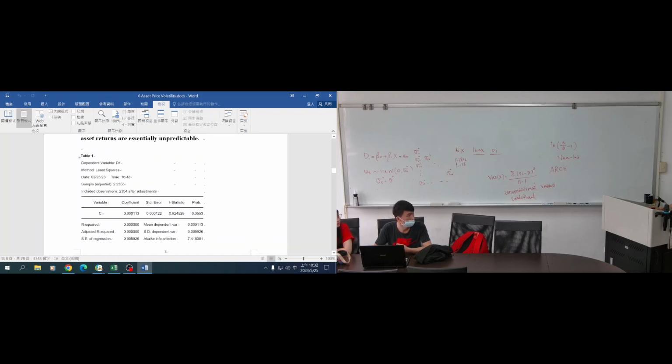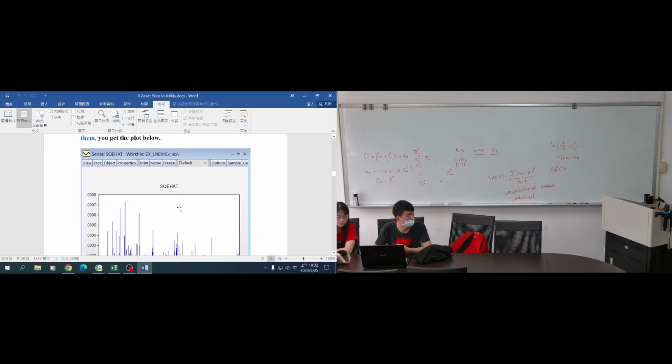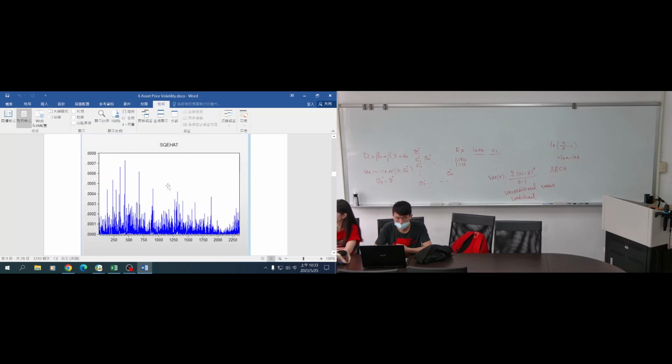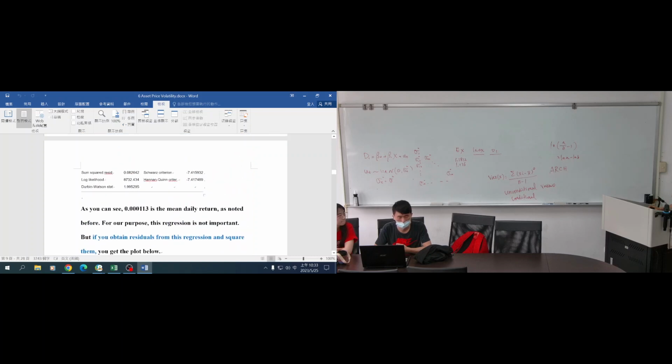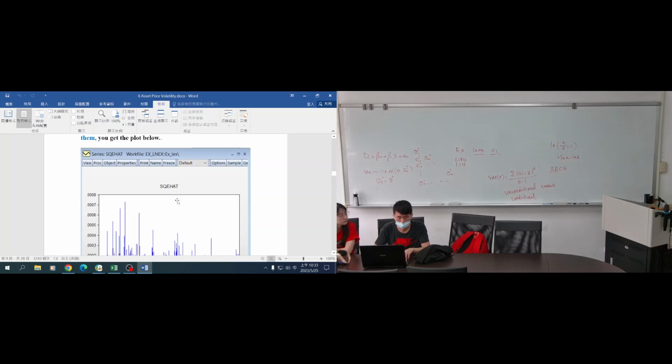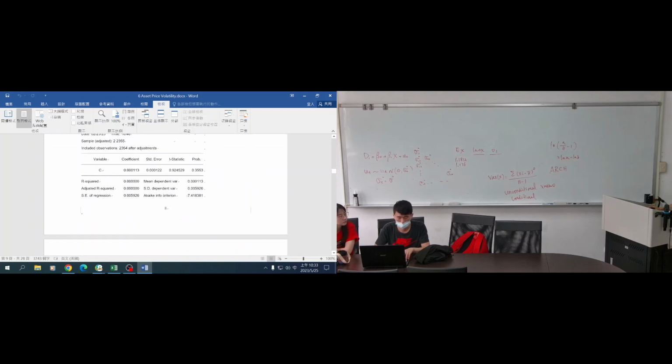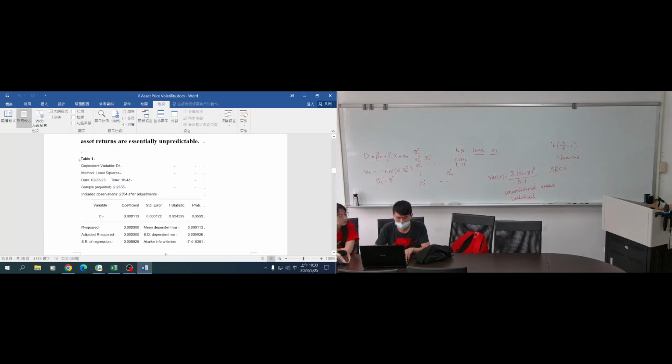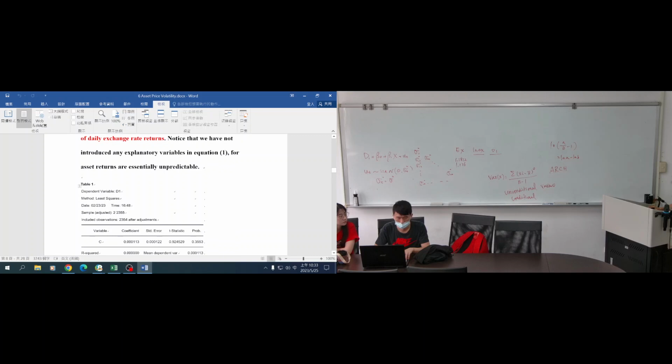Okay, and this will be the residuals, u hat squared. Then I square it. Okay, look at the variance. This is the variance of the residuals from the models of D1.